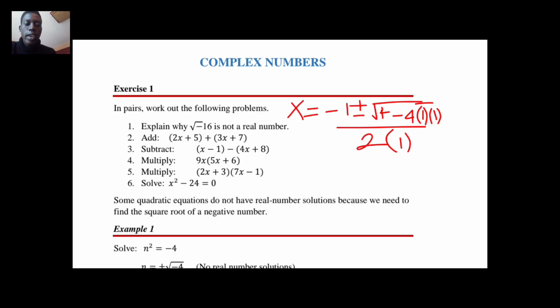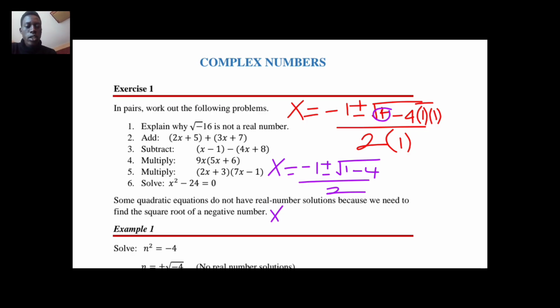So you will have x is equal to negative 1 plus minus root of 1. 1 squared is equal to 1. Negative 4 times 1 times 1 will give you negative 4 here, divided by 2.